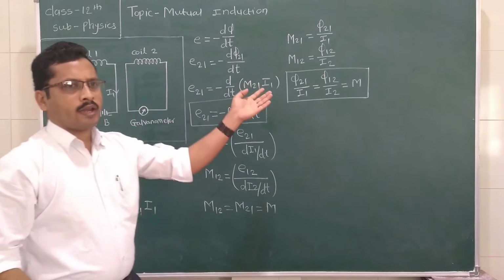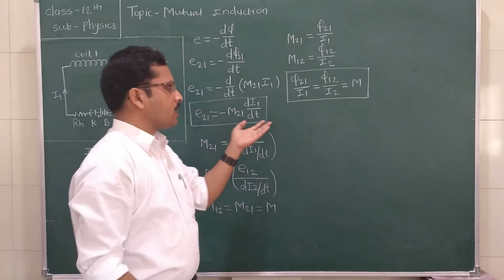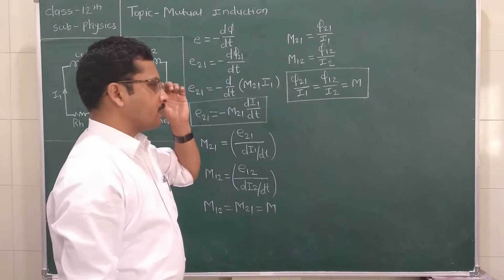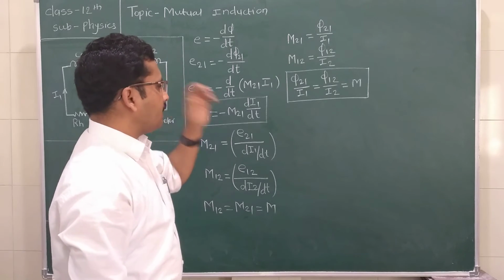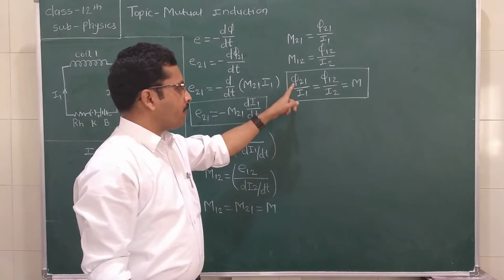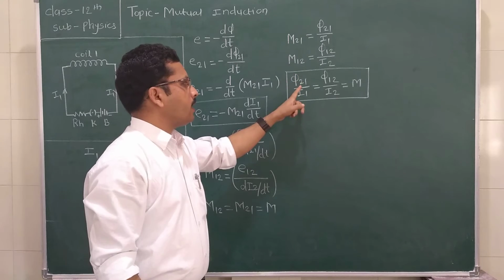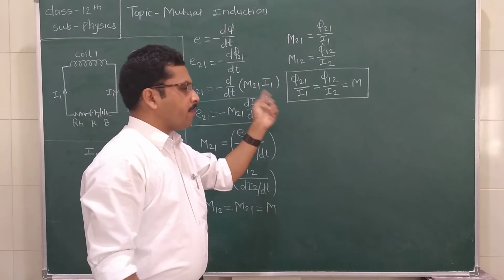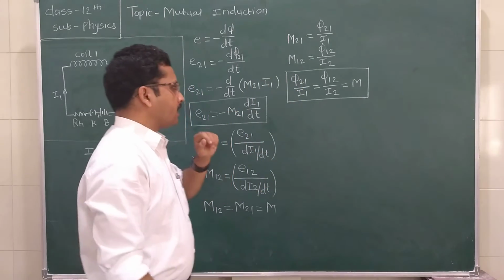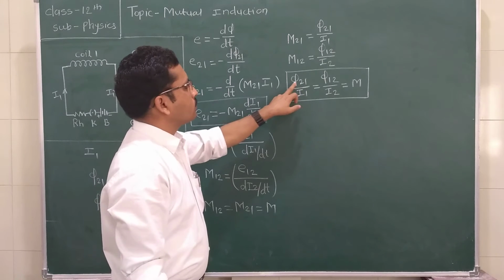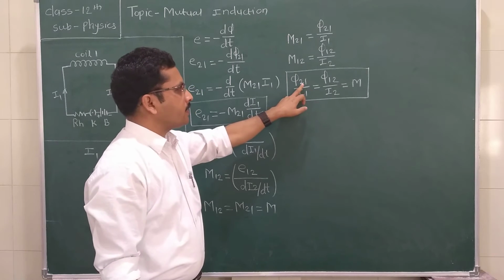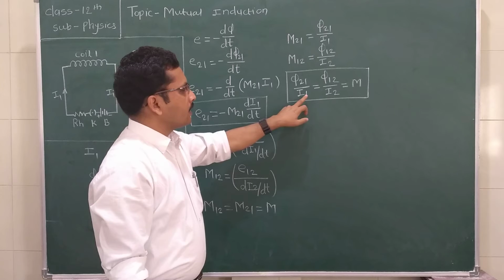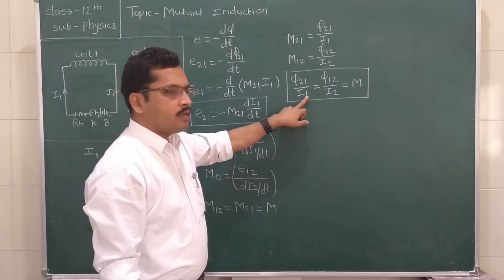So what is M and how can we define this mutual induction? The coefficient of mutual induction is the ratio of the magnetic flux associated with a coil per unit current passing through another coil. For example, this is phi 21, the magnetic flux related with the second coil per unit current passing through the first coil.